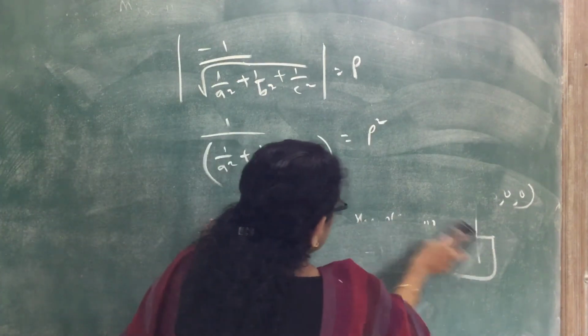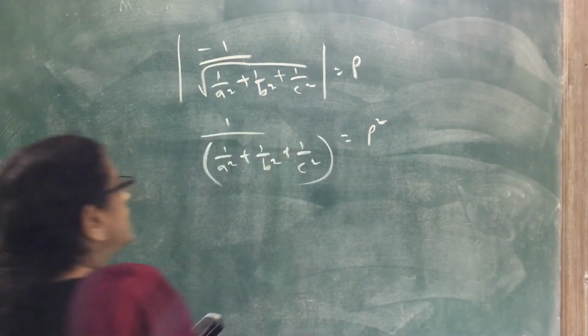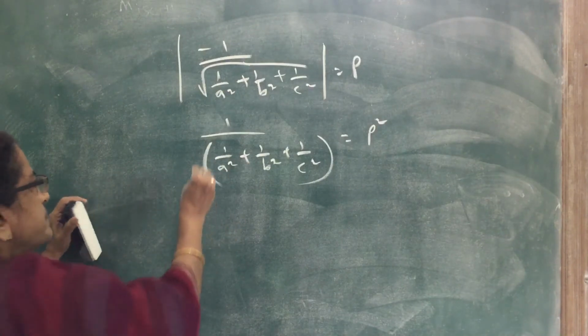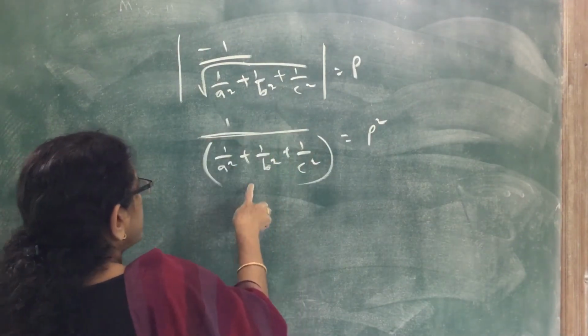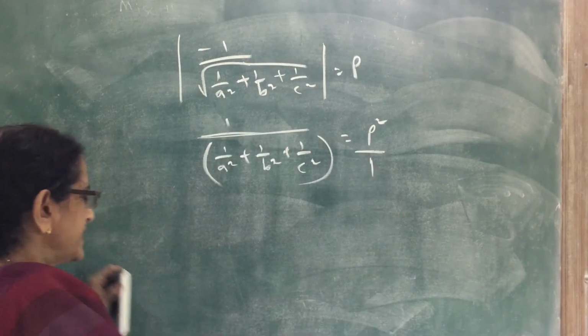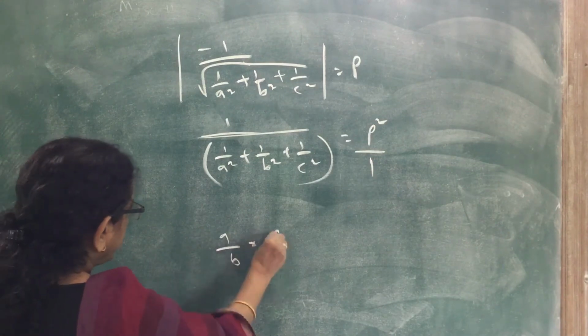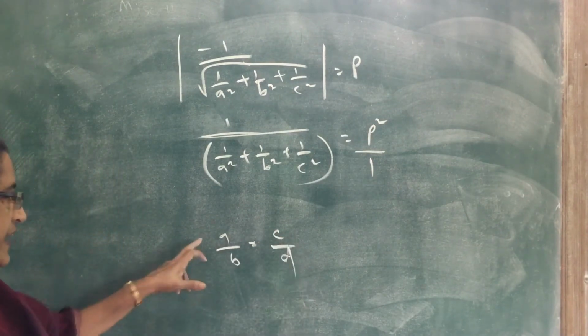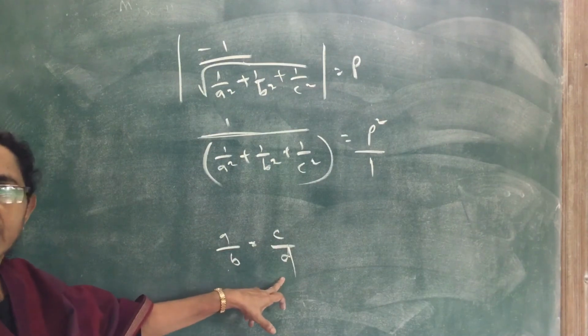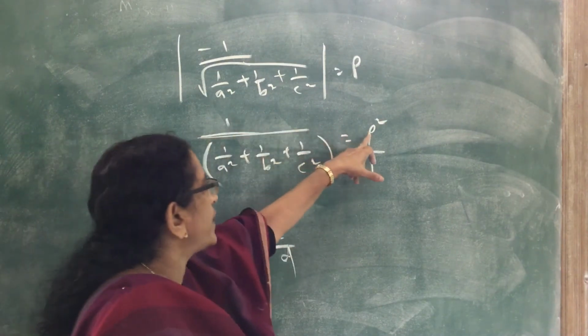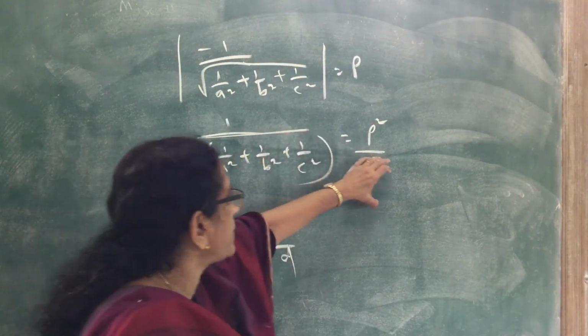So we got this. Now see, here 1 divided by this is equal to p square by 1. If a by b equals c by d, we can write a by c equals b by d. Similarly, 1 by p square equals this divided by 1.